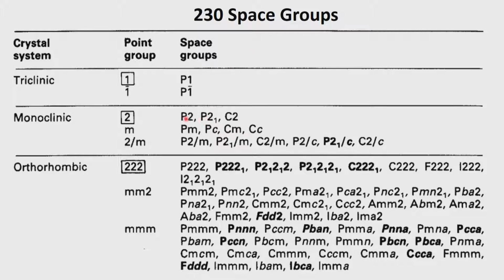We have taken examples of P2, P21, C2, and we have taken examples of Pm and Cm. We have shown also Cc. So, we have therefore in a monoclinic system 13 possible space groups that can go into this system. And we also showed in this case that there are no other possibilities other than these possible space groups. So, 13 plus 2, so 15 space groups have been generated.